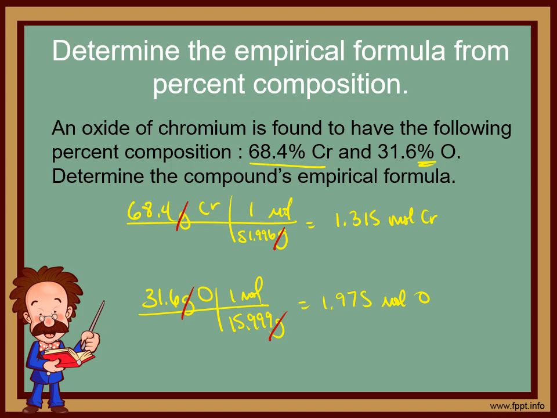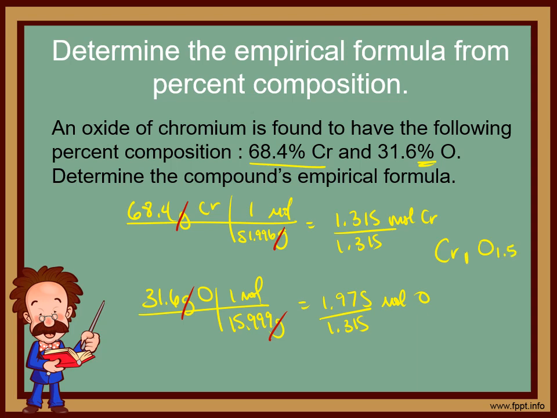Good. So now I'm going to divide by the smaller of the two. 1.315 is the smaller of the two. 1.315 gives us chromium 1. Oxygen: 1.975 divided by 1.315 is 1.5.